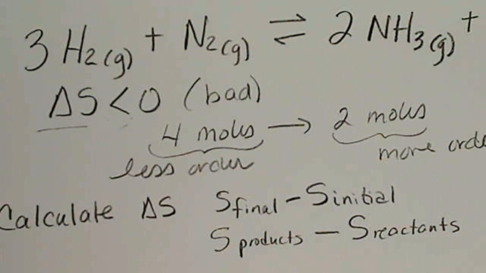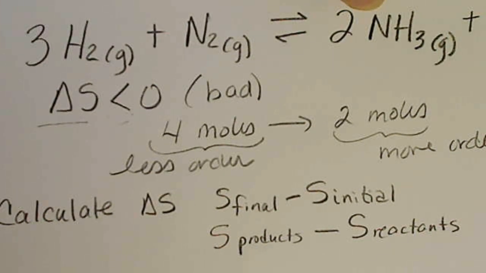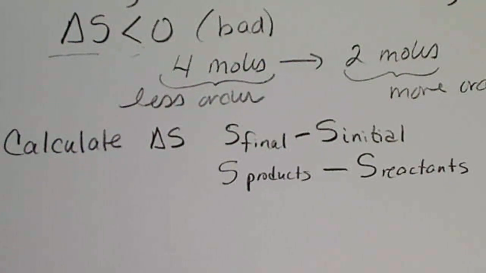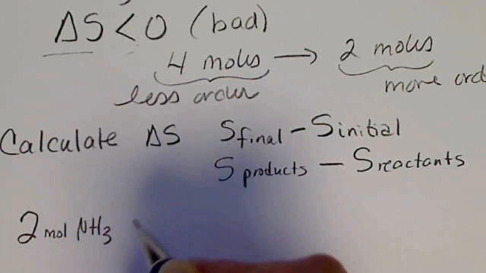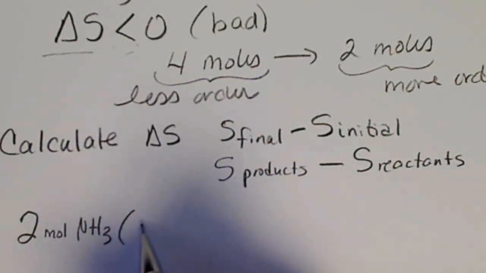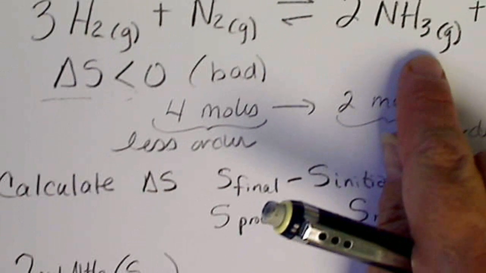So if we look at, we've got two products over here, 2 moles of NH3. So if I write this, this is 2 moles of NH3, and then we're going to multiply by the entropy value in the book for NH3. And those are the only 2 products.